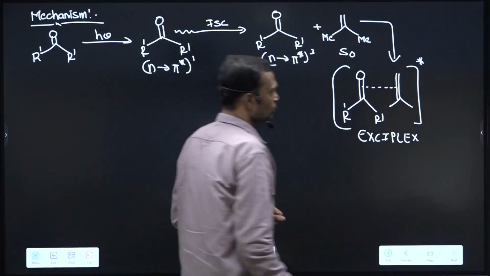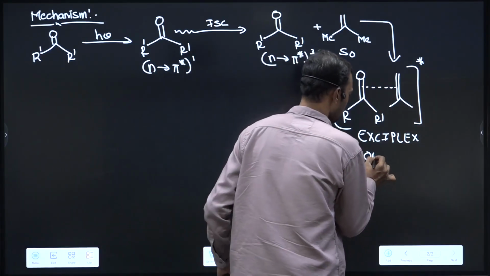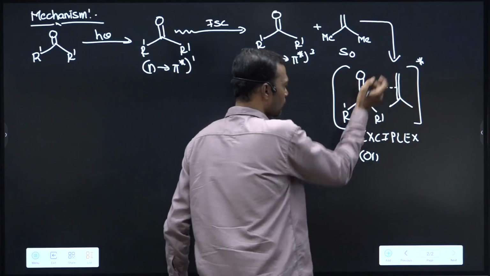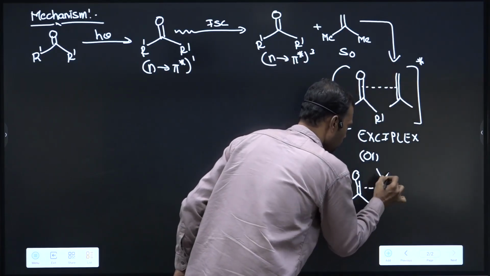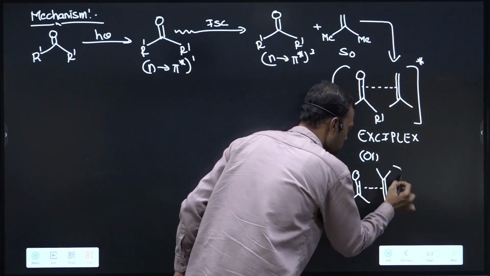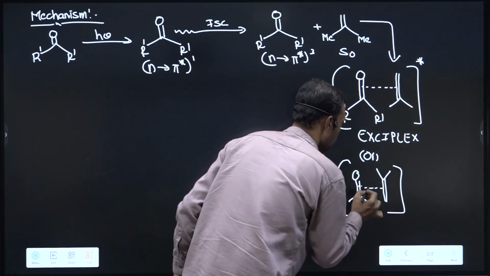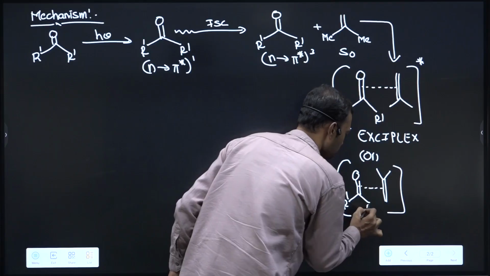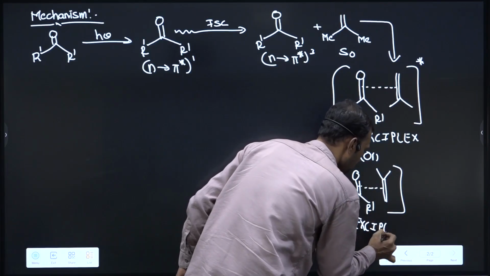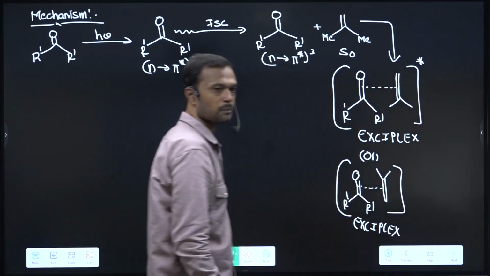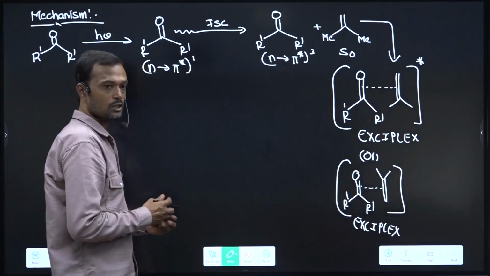This is one condition, other one is the second condition. See, this will be rotated. If it is rotated, you will get the double bond above and this becomes below. It is also called charge transfer complex, R dash and R dash, here two methyls. This is exiplex.